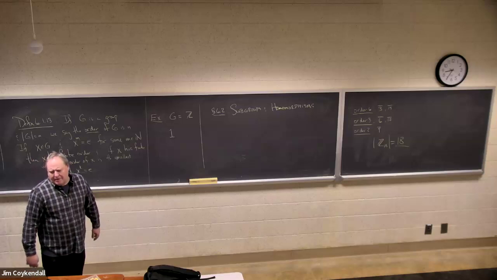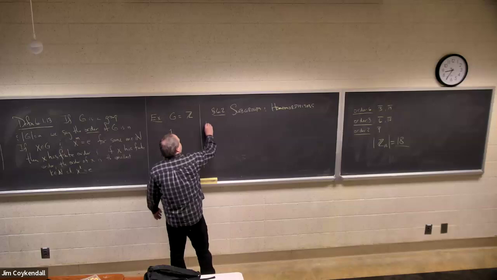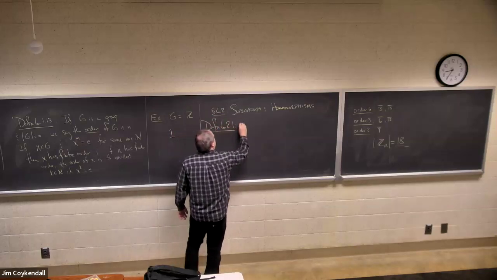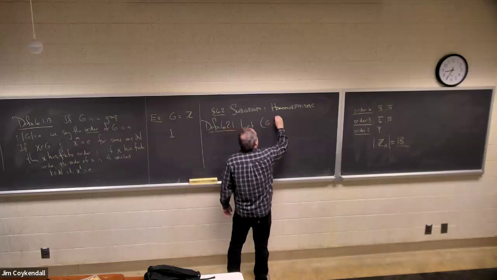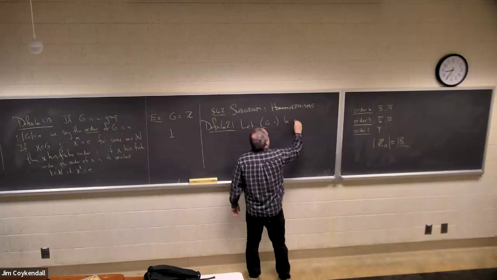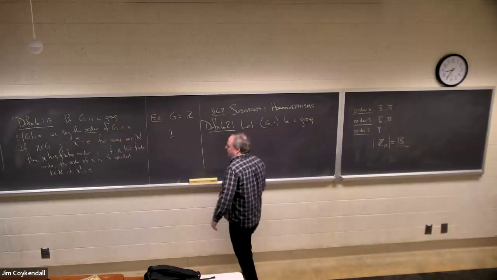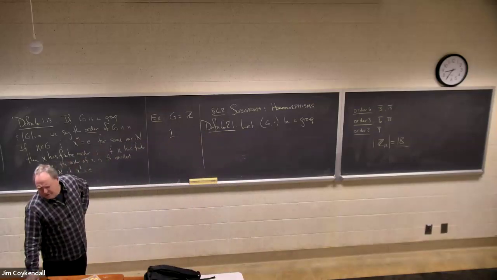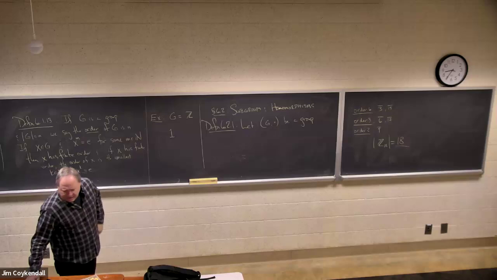Well, a subgroup is just a baby group inside a parent group in a certain sense. So suppose that I have some group G with operation circle, and let's say that H is a non-empty subset.